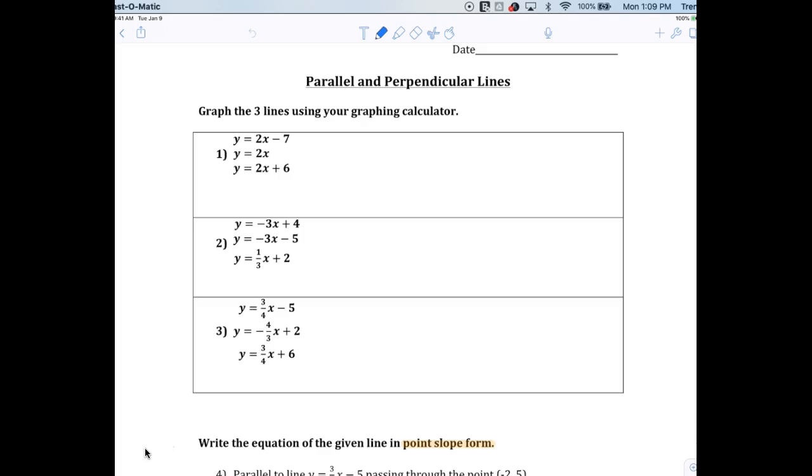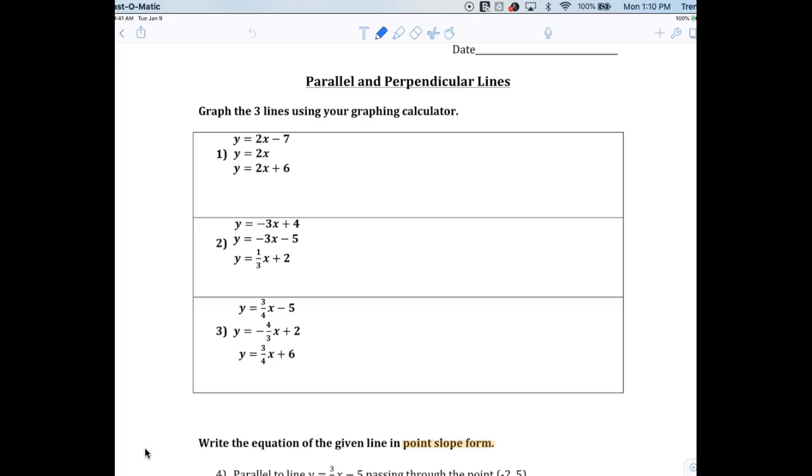Now, why is the third equation perpendicular? So we're going to look at the slopes. What's true about the slope for the second equation and the third equation? They're not the same, but there is a relationship between them.